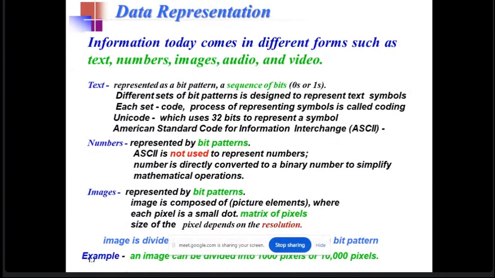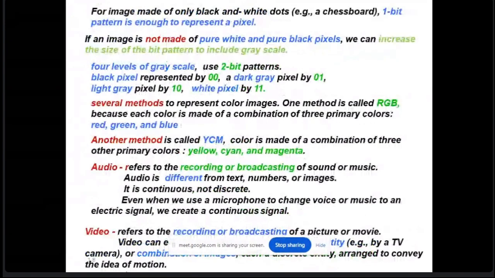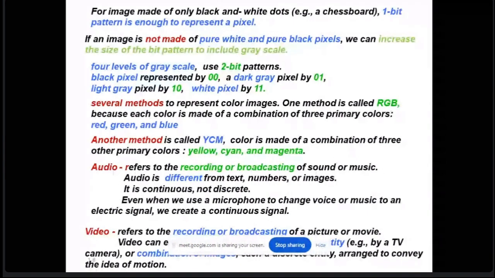Whatever it is, image, text, numbers, audio, or video, it is represented only in terms of bit patterns, because from the bit pattern it is converted into a signal. Similarly with audio: we use a microphone, and the voice or music is converted into an electrical signal, a continuous signal, not discrete, which is transferred to the transmission medium.